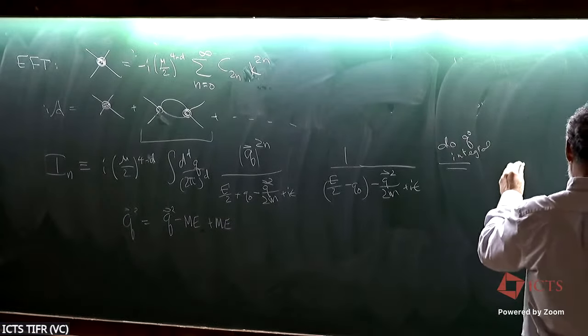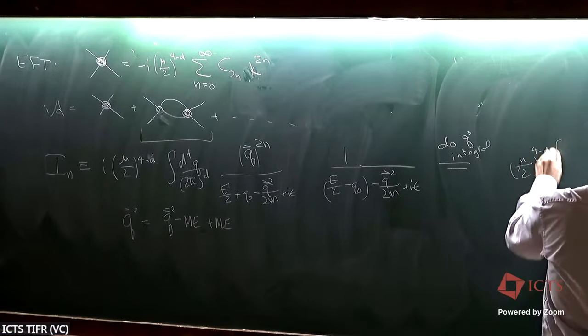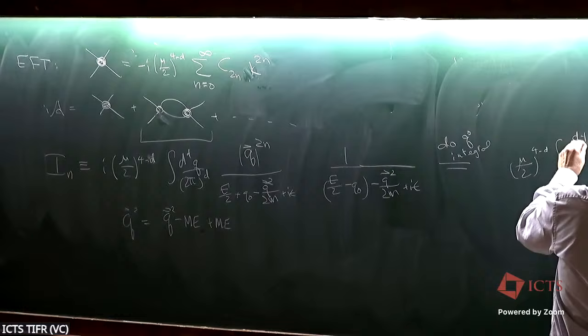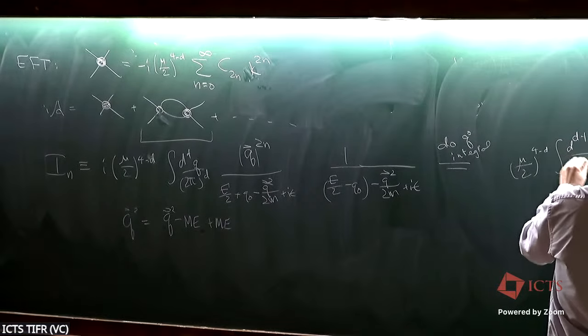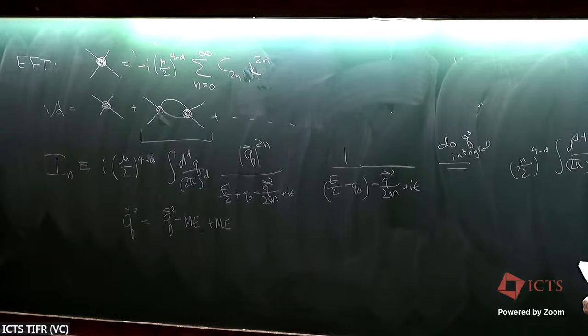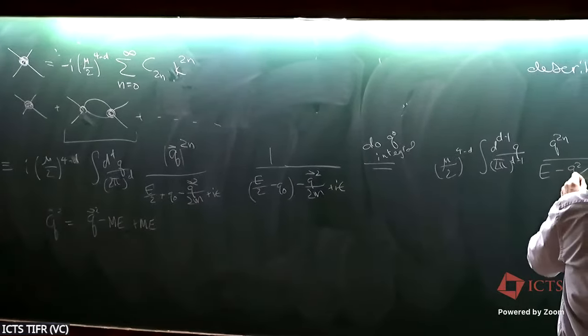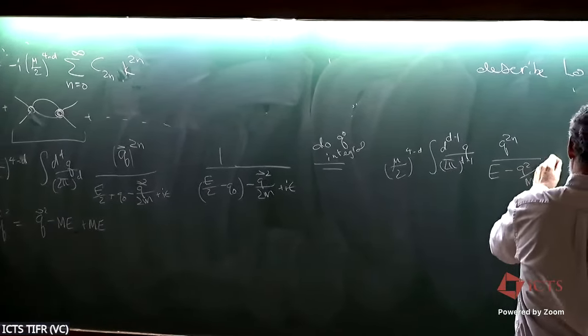So this is equal to mu over 2 to the 4 minus d times the integral d minus 1 q over 2 pi to the d minus 1 times q to the 2n over E minus q squared over m plus i epsilon.